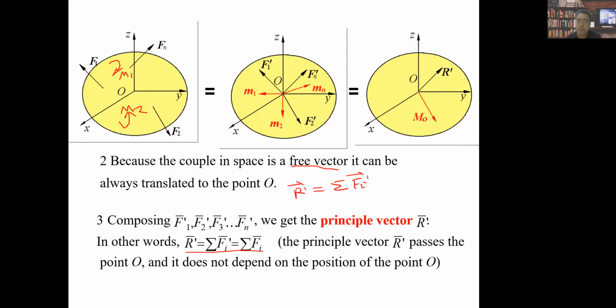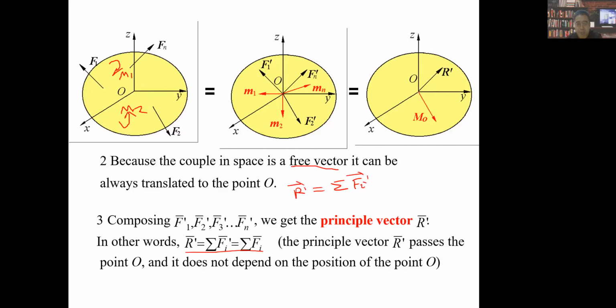And the principal vector R prime passes through point O, and it does not depend on the position of point O. That means, because this point O is arbitrarily selected by us, maybe we can select any other point like O prime, O double prime, whatever you like, right?